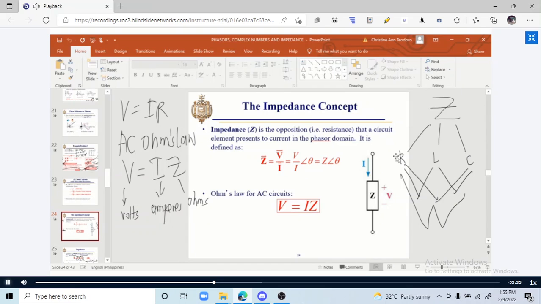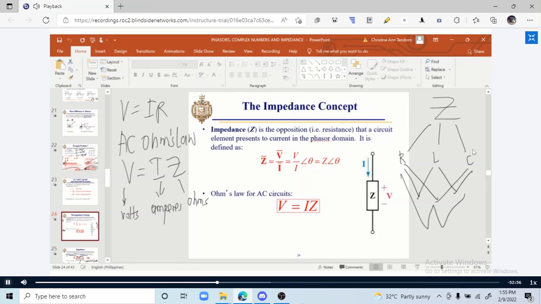Our impedance can be purely resistive, which means that your loads are all resistors. Okay? It can be purely inductive, which means that your loads are all inductors. And it can be purely capacitive, which means that all your loads are capacitors. Impedance can also be a combination of resistance and inductance, a combination of resistance and capacitance, or a combination of inductance and capacitance.